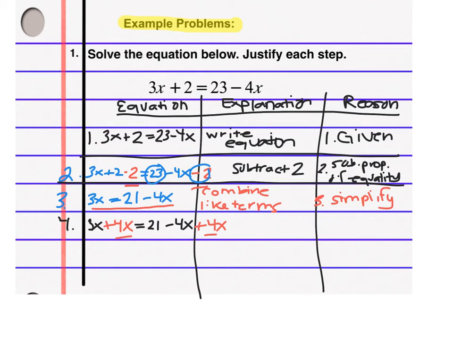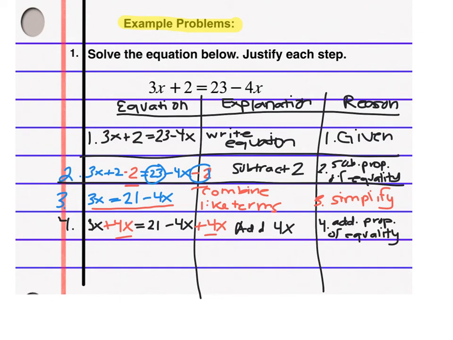So what do you think? See if you can fill out the explanation and reason. So up here we put subtract 2. Here I'm going to say add 4x. Since we're adding, instead of saying subtraction property, I'm going to say addition, and we can abbreviate. Addition property of equality.